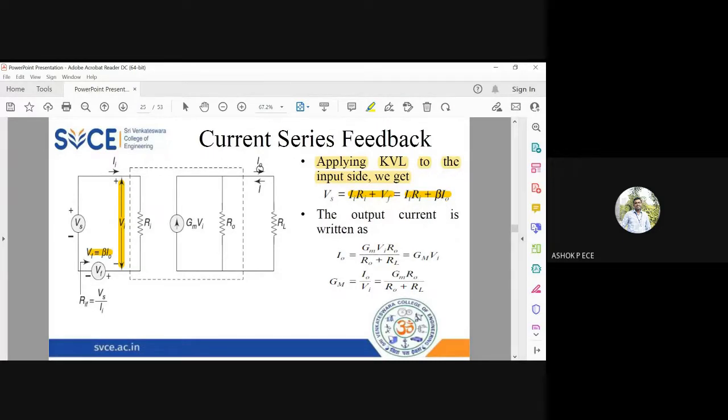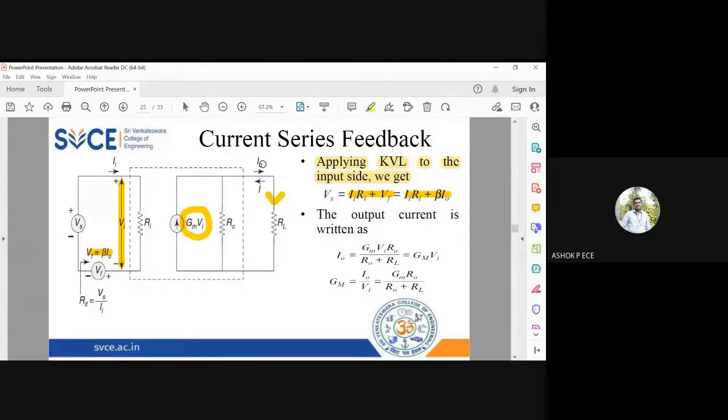Where is I naught flowing? I naught is flowing in the output side. The total current is Gm into Vi, and I want the current flowing through RL. So I have to apply the current division technique. Total current into opposite resistance divided by opposite resistance plus that resistance.